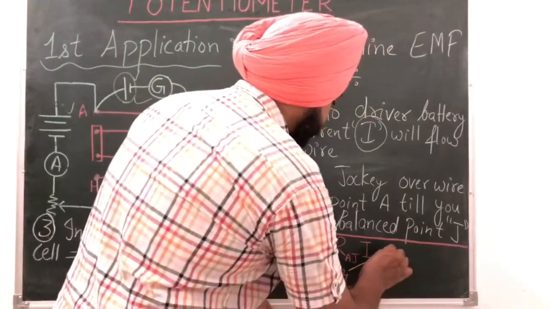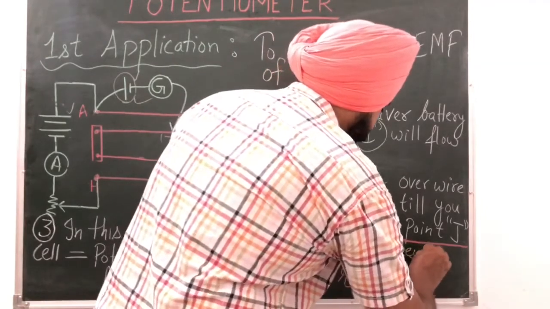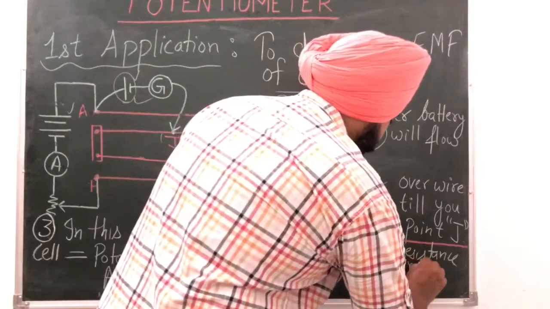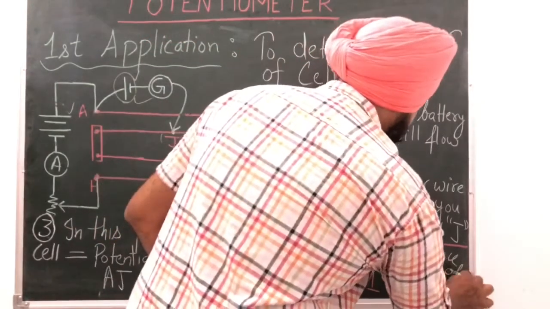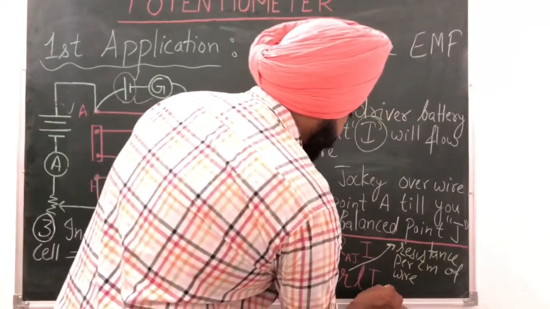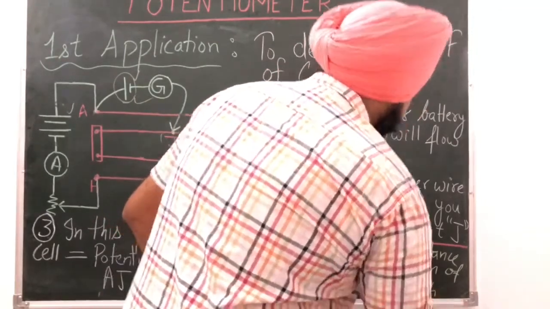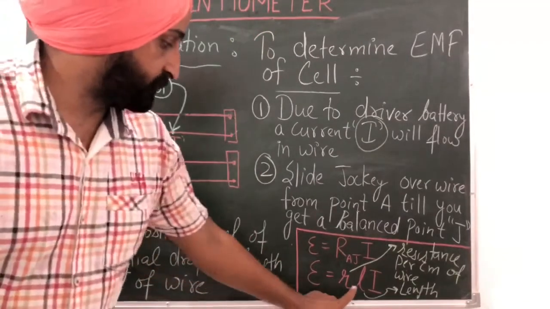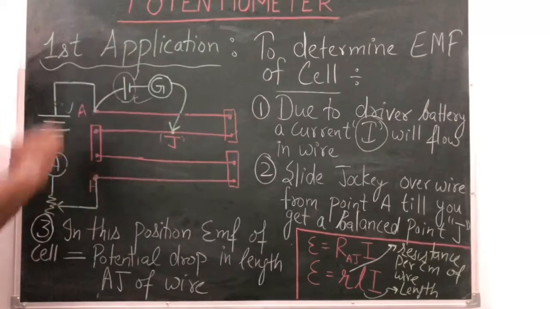Small r is resistance per centimeter of wire, and L is length, or we can say L is the balancing length. So from this formula we can calculate the EMF of this cell.